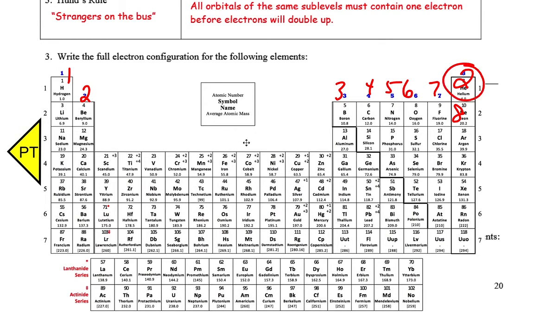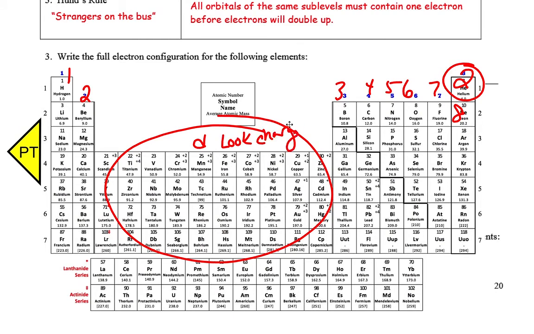That's an exception. These guys, who knows what they're doing? You have to look them up to figure out what charge they're going to do. But they all have, for our intents and purposes, 2 valence electrons, because it's always going to be the 4s2 or the 5s2 or whatever. These Ds don't count because Ds are always 1 behind. So we're going to write down the fact that they have 2.